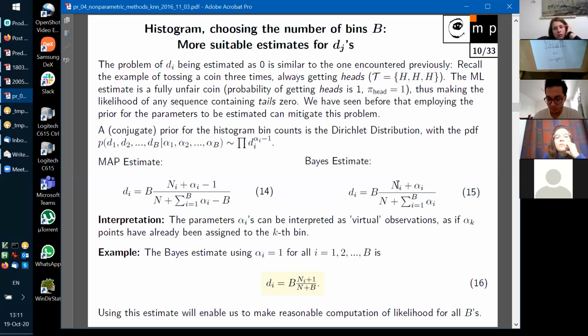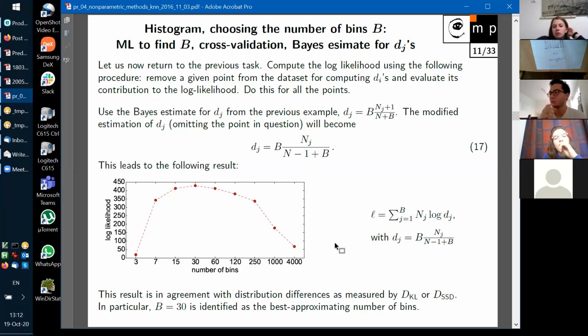So for instance, if n_i is 0, the estimate is alpha_i over the normalization. So we will not get this extreme case where an observation which would fall into an empty bin would make the likelihood 0.